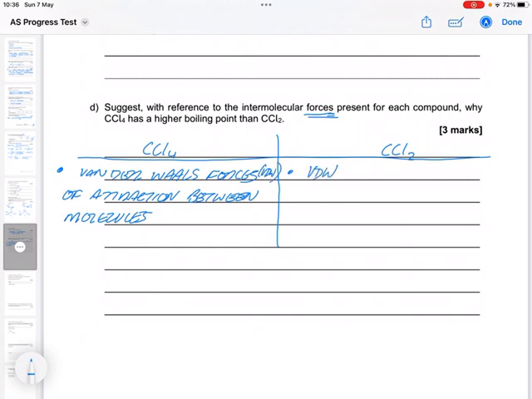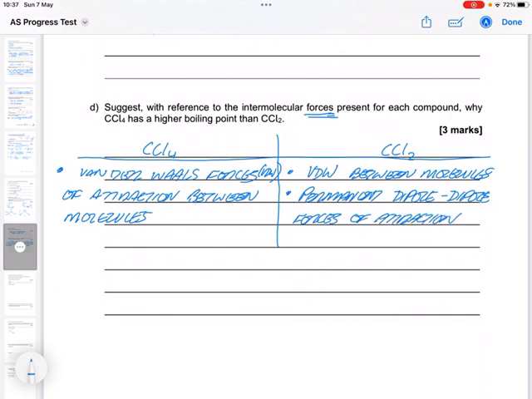So van der Waals force of attraction between molecules, but it also has permanent dipole between molecules.